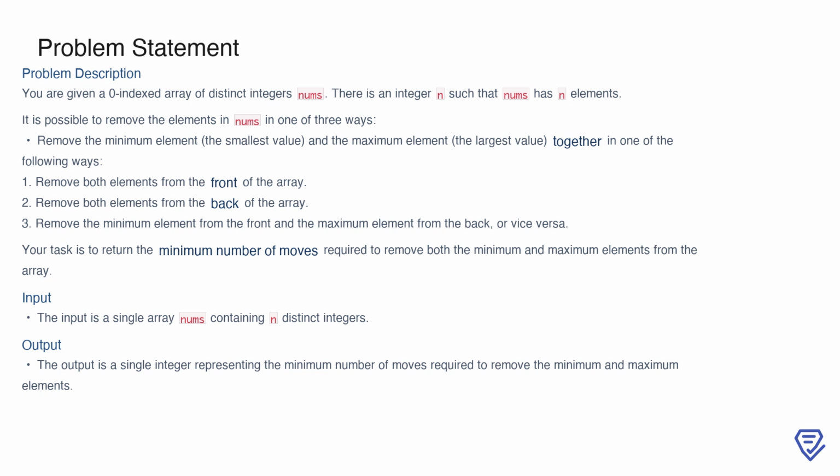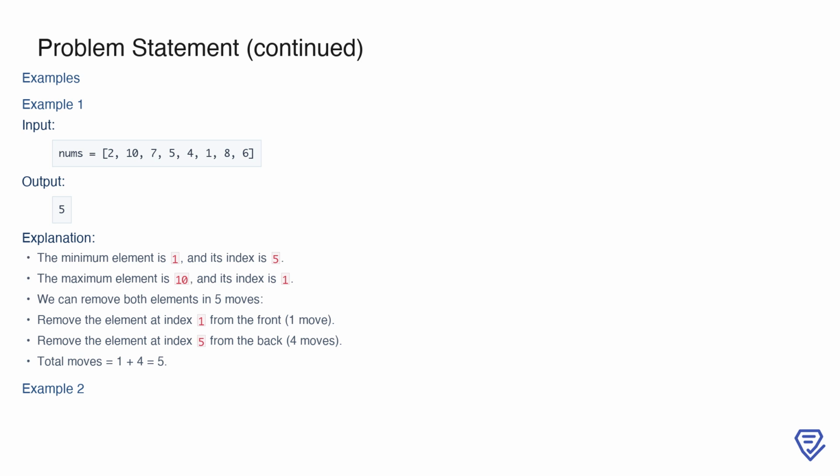The input to the problem consists of a single array, and the output is an integer representing the minimum number of moves required. To understand this problem better, let's look at the first example. Here, the input array is nums equals 2, 10, 7, 5, 4, 1, 8, 6. The minimum element is 1, located at index 5, and the maximum element is 10, located at index 1.